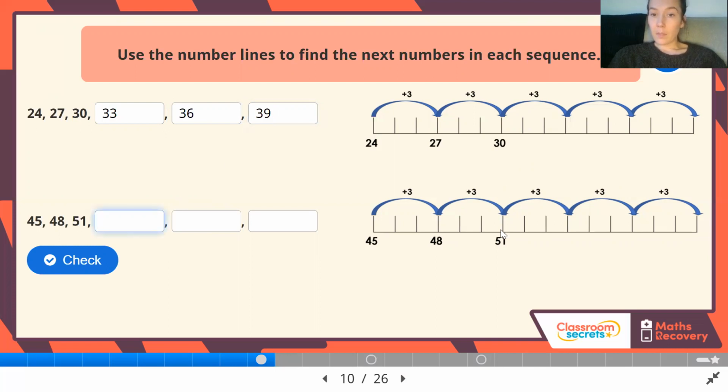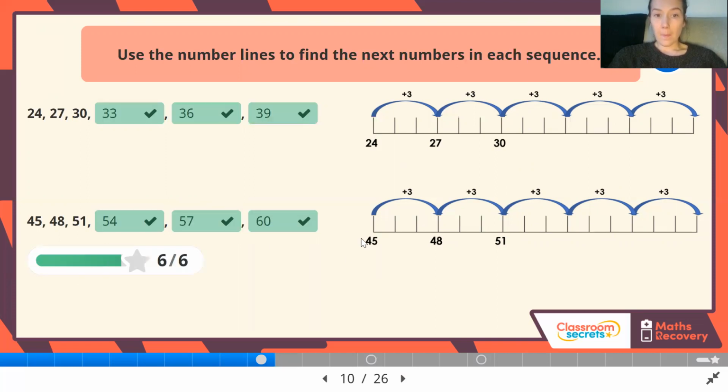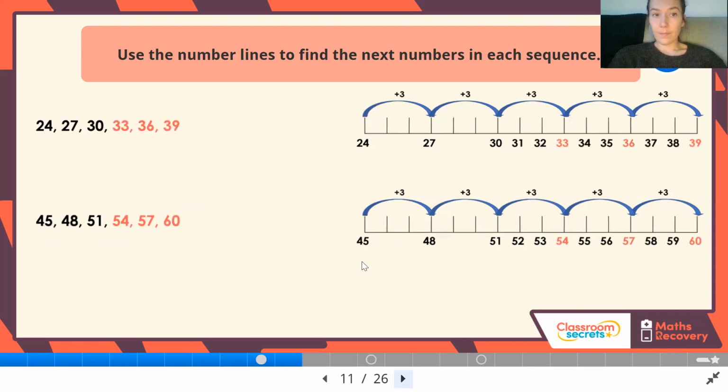And then from 51, so 51, 52, 53, 54, 55, 56, 57, and then 60. And then we can check if we're right. Very good. And that just highlights how you skip to your next number when you are counting up in 3's.